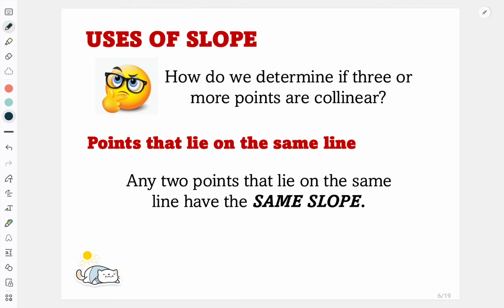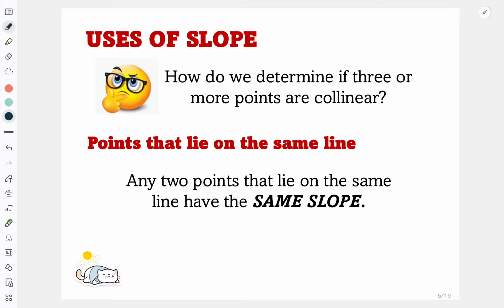What do we mean by this? If you're given three or more points, you need to get the slopes of any 2 points from these given points, and you must show that whenever you get the slope of any 2 of these points, you will always get the same slope.